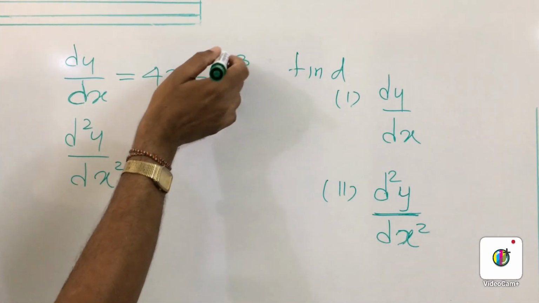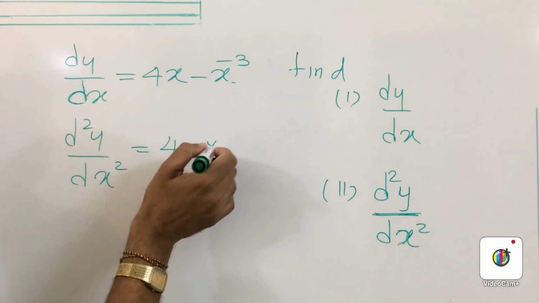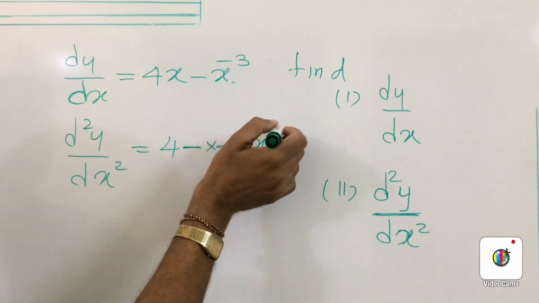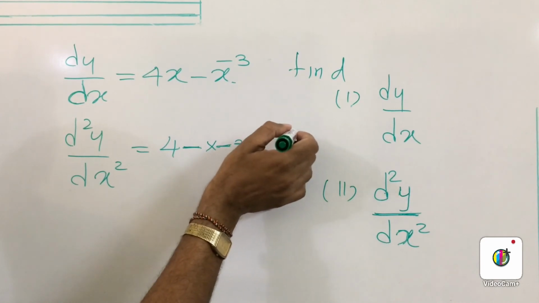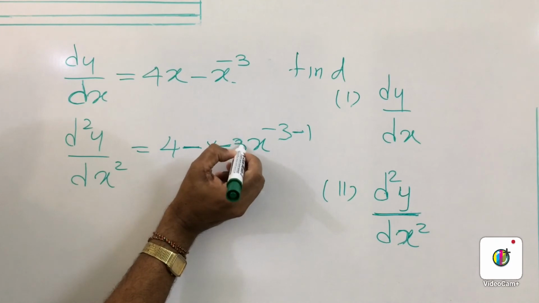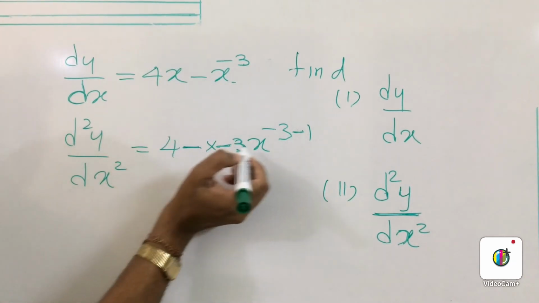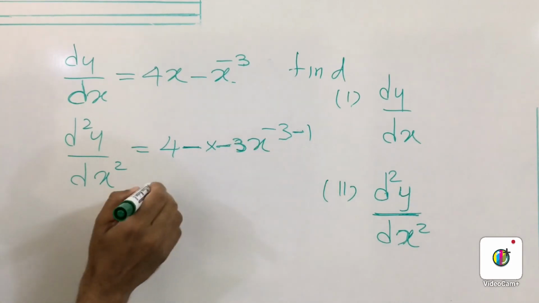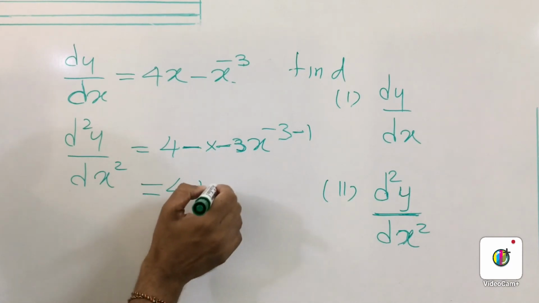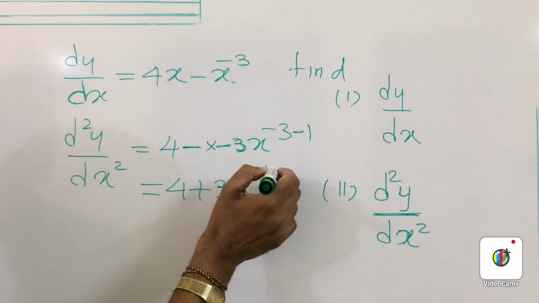This one, you should take this minus 3 in front, earlier you have minus, so minus into minus 3, x power minus 3 minus 1. It is 4 plus 3 x power minus 4.